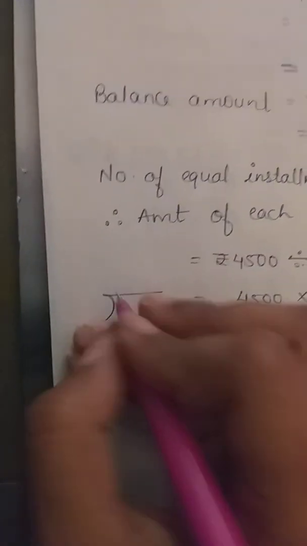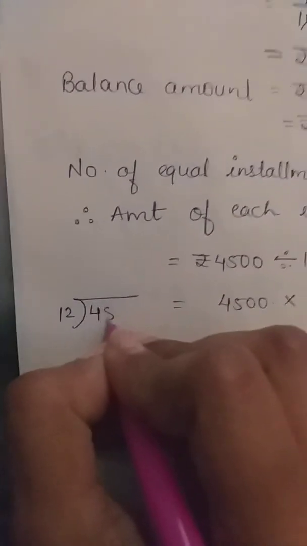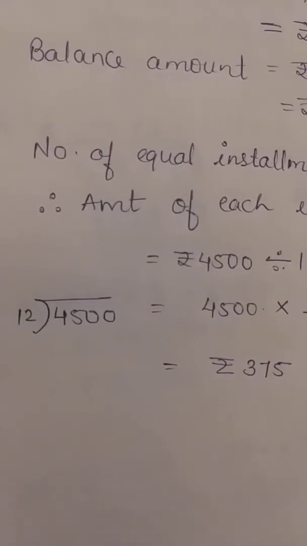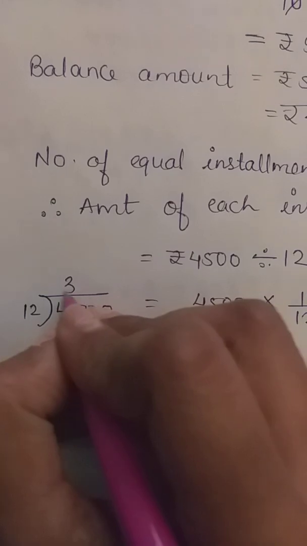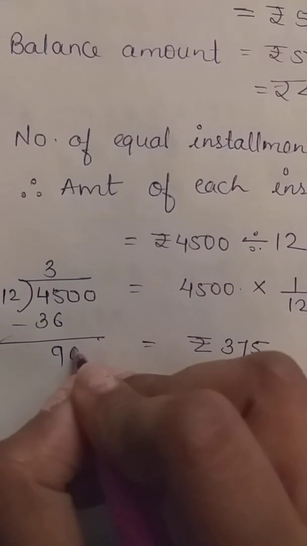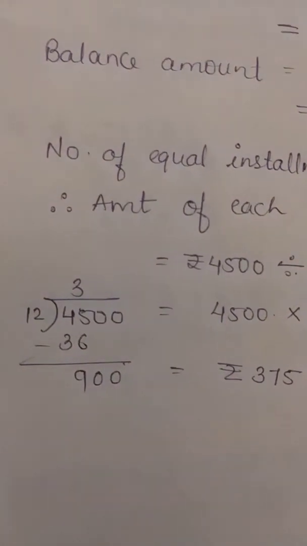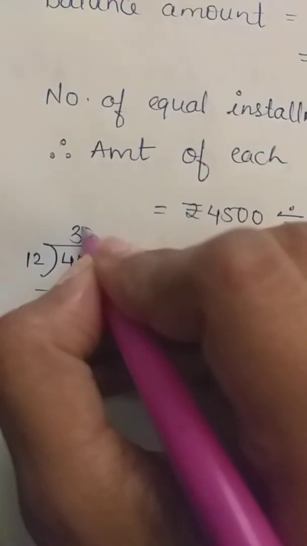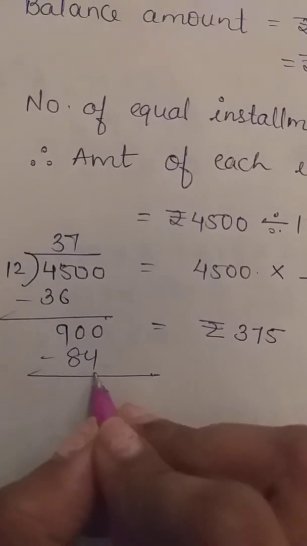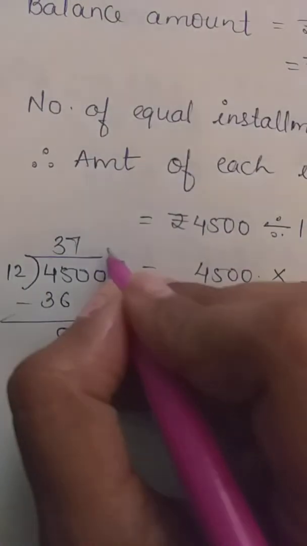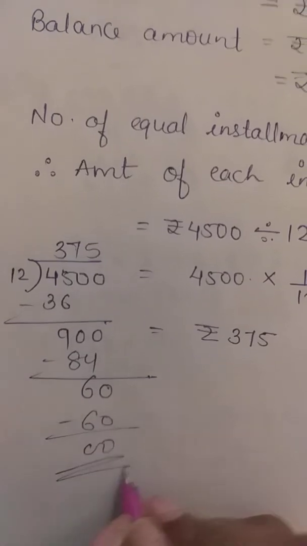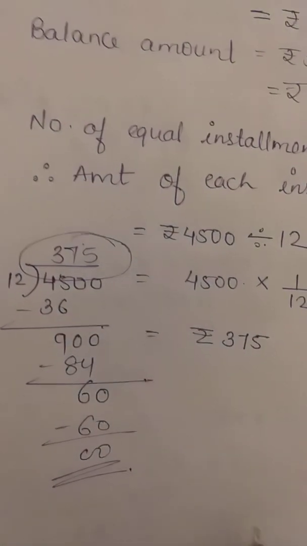Simply you just divide it. 12 3s are 36, 12 7s are 84, 12 5s are 60. Like this way you just divide, you will get the answer 375.